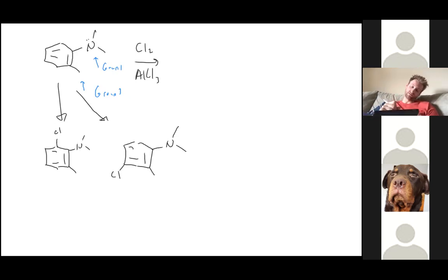But because we're in excess, it'll add again. So for this one on the left, it would add to the para. One on the right, it would add ortho. It gives us the same product in both cases.